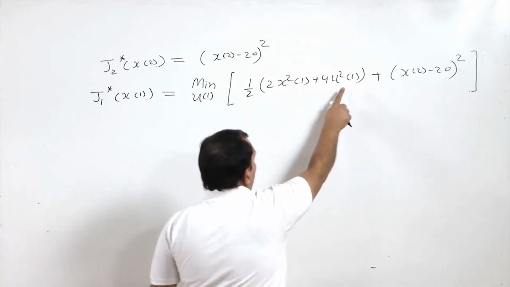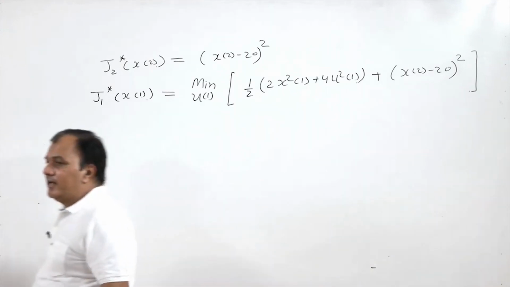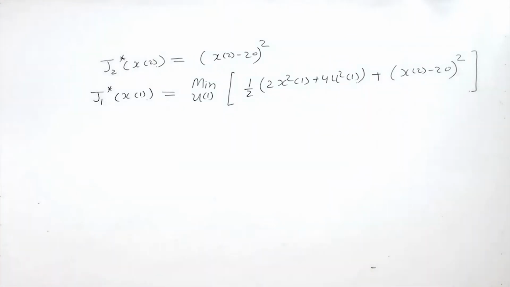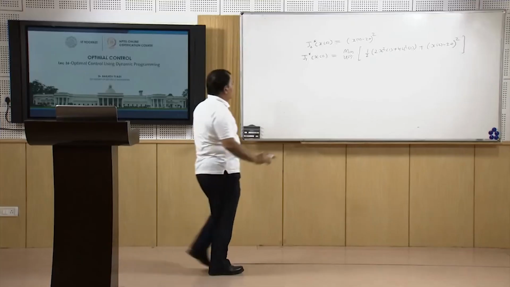The minimum value with respect to u1 we have to find. X2 I can write in terms of x1 and u1 from my plant equation, which is x(k+1). So, x2 is 4 of x1 minus 6 of u1.